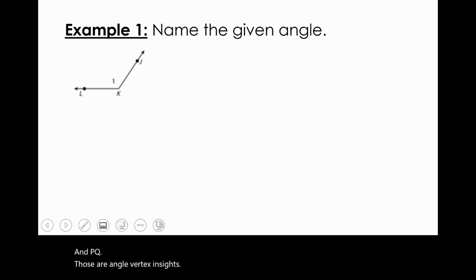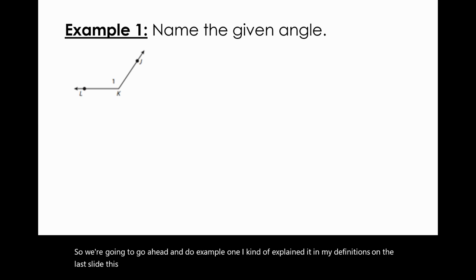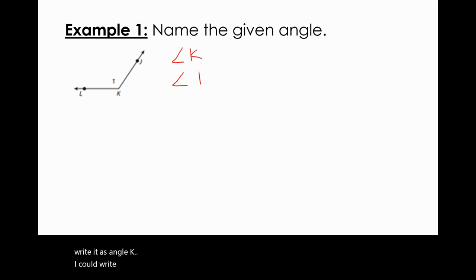So we're going to go ahead and do example 1. I kind of explained it in my definitions on the last slide. This is just name the given angle. There's a few ways to do this. First, I could write it as angle K. I could write it as angle 1. Sometimes they put an angle value on the inside, so you can also label it that way. I could also label it angle LKJ.